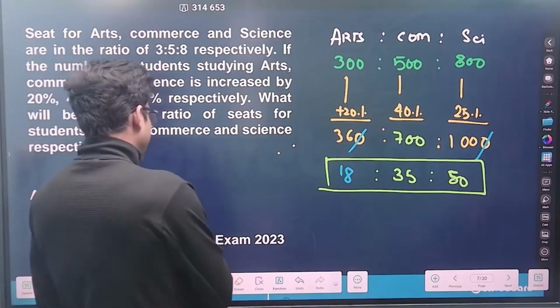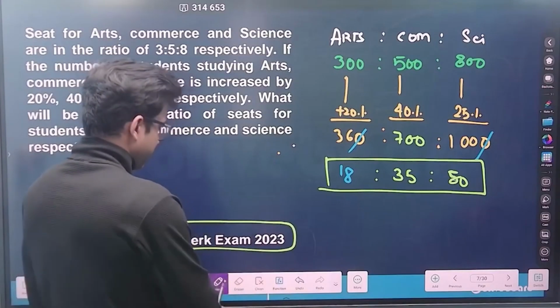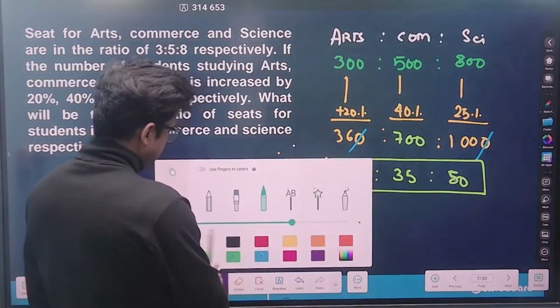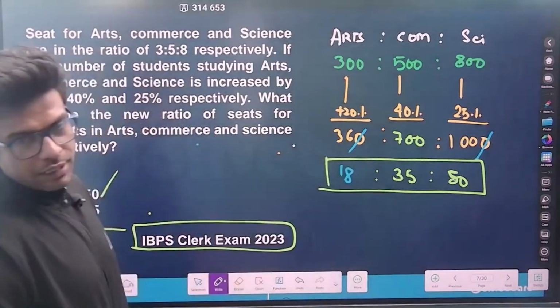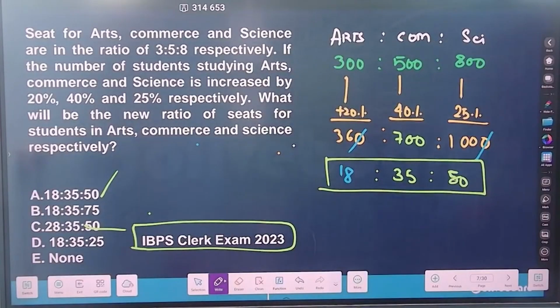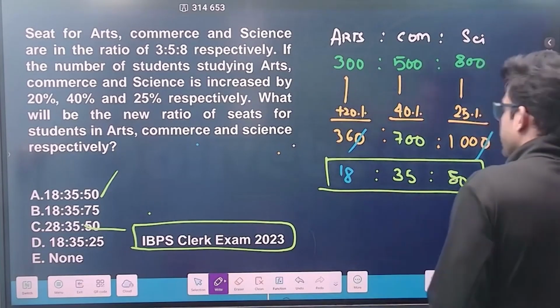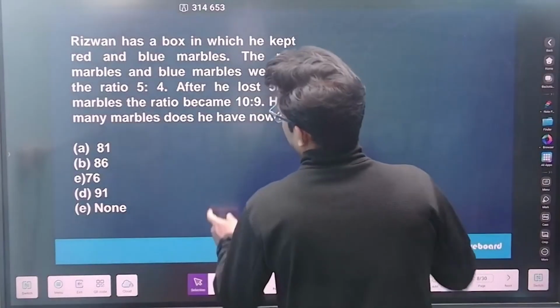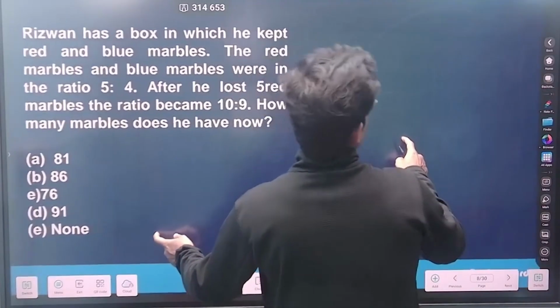This was asked in the IBPS Clerk exam. Now it's correct, VK? Okay, fine. That was my mistake, it was done by mistake. Can we try this, VK? Come on, please try.